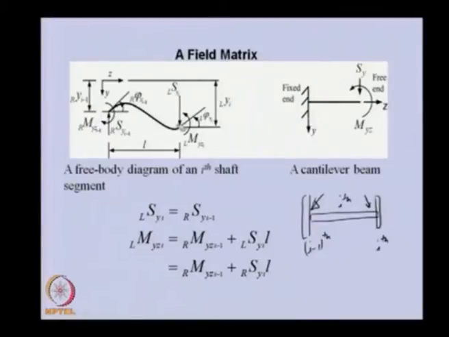To take care of this, we take two cases. First, we will consider, let us say, this end of the shaft is fixed like this. So one end is fixed.